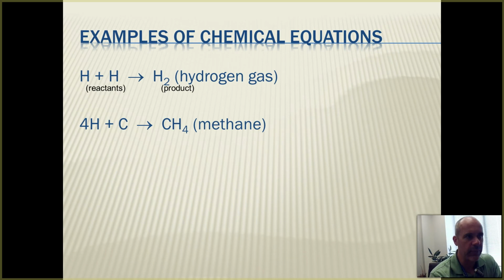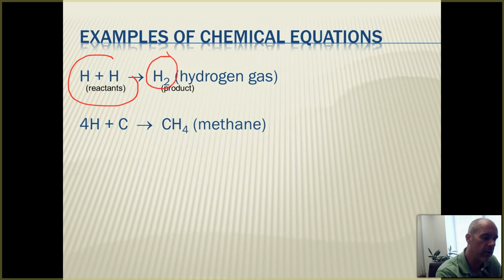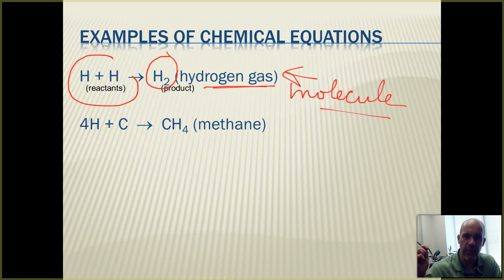Here's an example of some simple chemical equations. If you take 2 hydrogen atoms, those are reactants, and they get covalently bonded together, you now have a molecule of hydrogen gas. So that is a molecule. That's the way hydrogen exists in our atmosphere as well, in this form H2, where you have 2 hydrogen atoms bonded together.